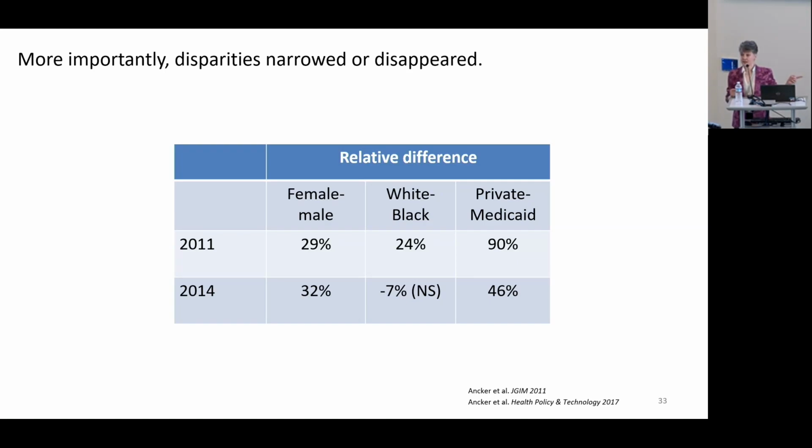And we do not see a narrowing of the racial divide nationally or in New York State during this time. We saw a narrowing of the more affluent, less affluent, but not to this extent. So we do think that this policy change was disproportionately effective with the most disadvantaged patients.